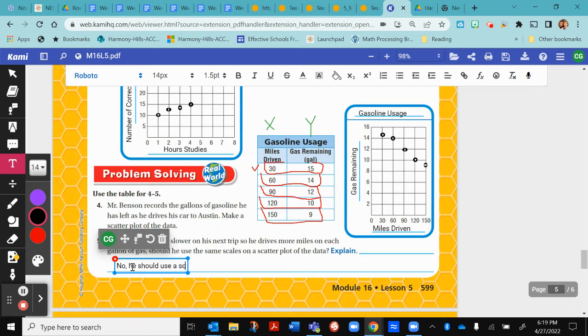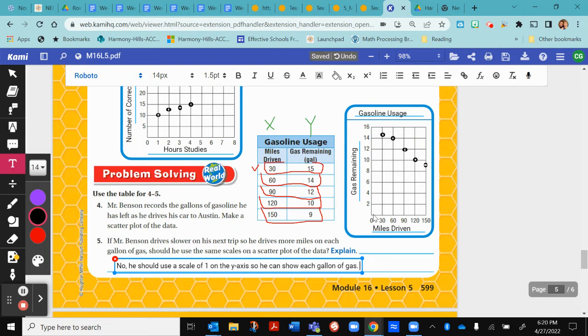Use a scale of 1 on the y-axis so he can show each gallon of gas. Because remember, it's miles per gallon. So here, he's driving slower so he can get more miles on each gallon of gas.